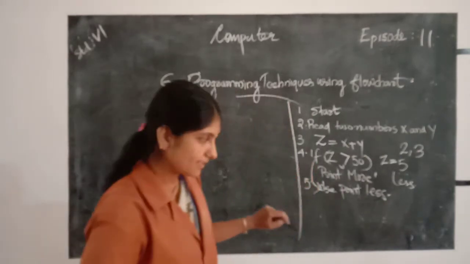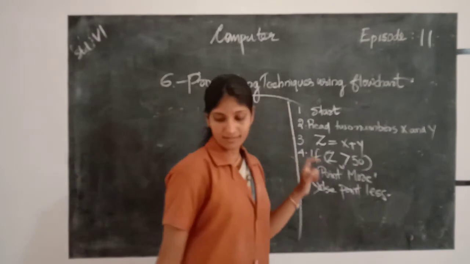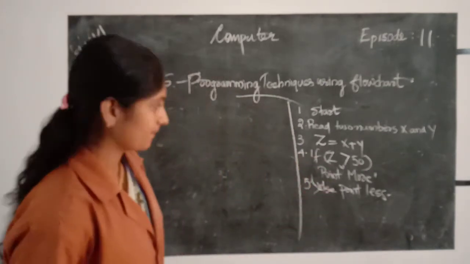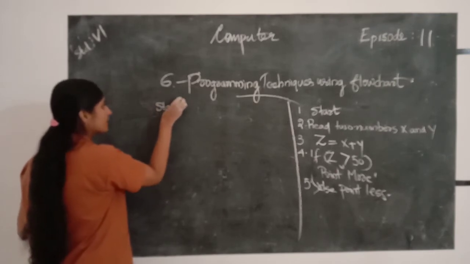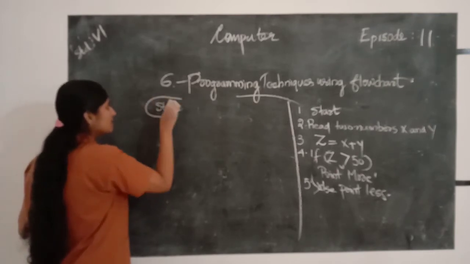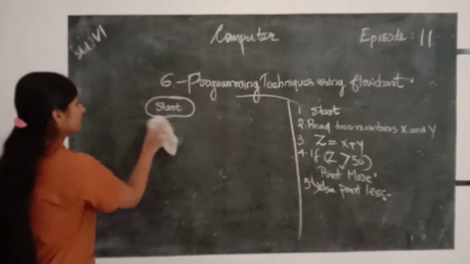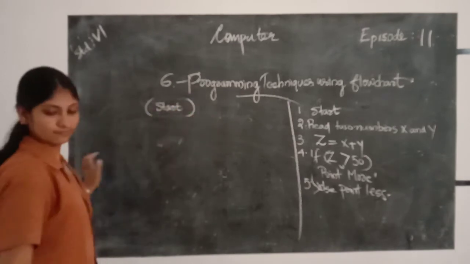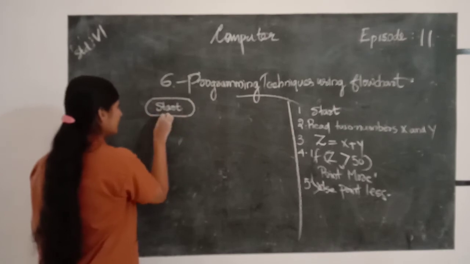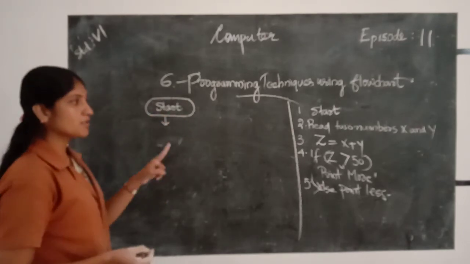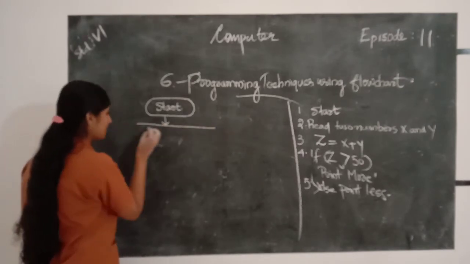Okay. So here, how to draw a flowchart using this program. Start. So write a terminal box. Then second step, read two numbers, so that we have input data and output data.